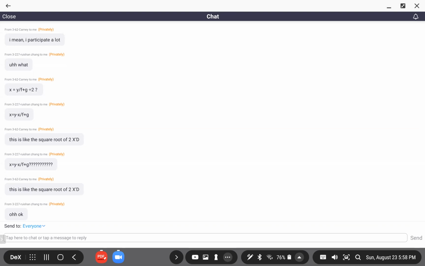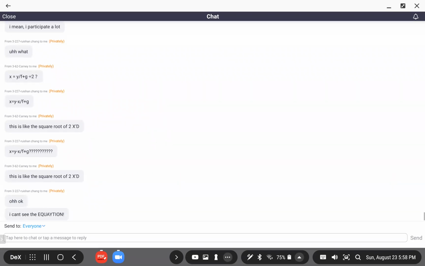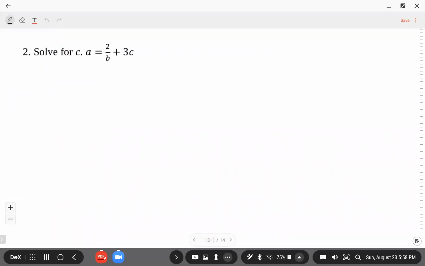Okay, Carney says that this is like the square root of 2. That's actually a very interesting comparison. Okay, a few more moments, and then please put your answer in the chat box.